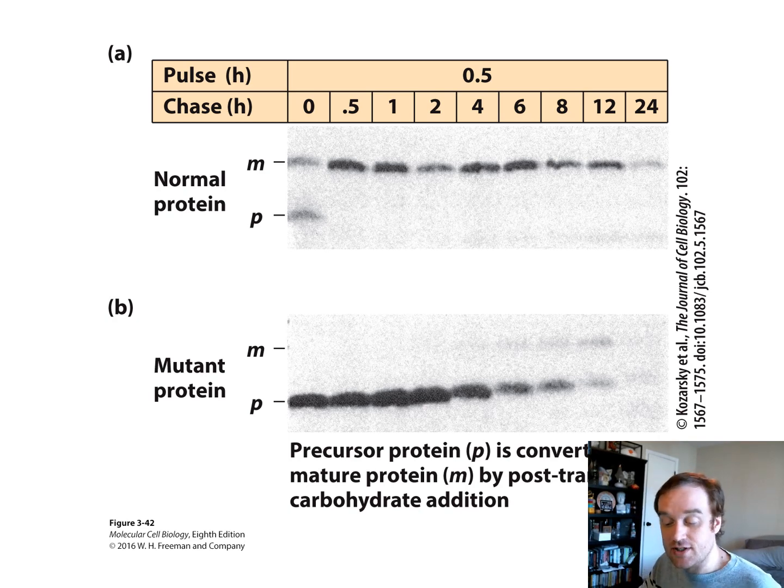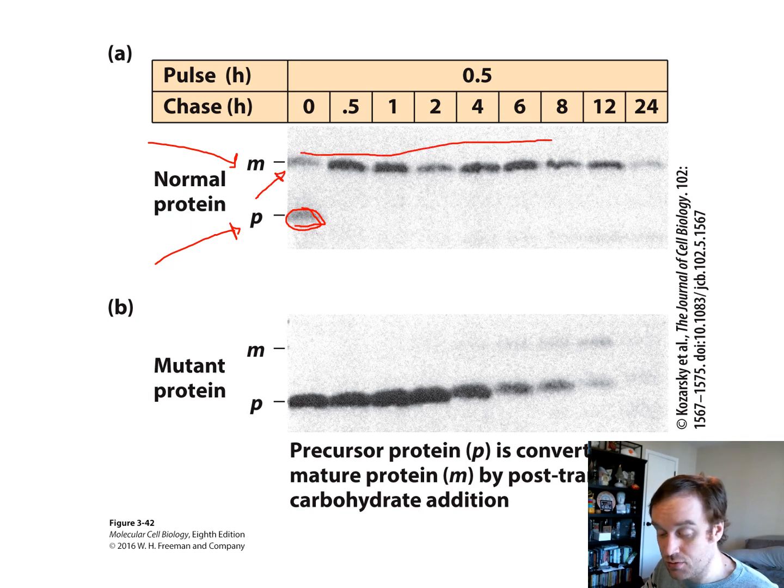So the target protein was initially synthesized as a small precursor. So this lipoprotein was originally this precursor P, and then it's really rapidly modified to a larger, more mature form that we're calling M. So you see that at 0 hours, there's this amount of P, and then it's really quickly turned into M and proceeds to exist up to about 24 hours where it starts to be degraded.